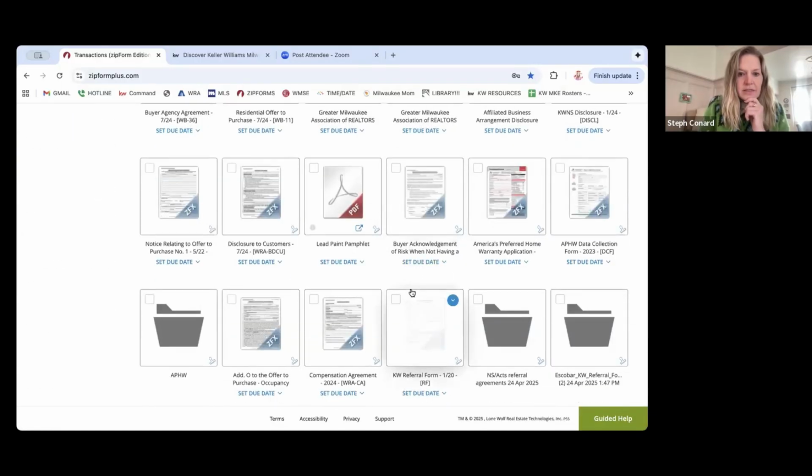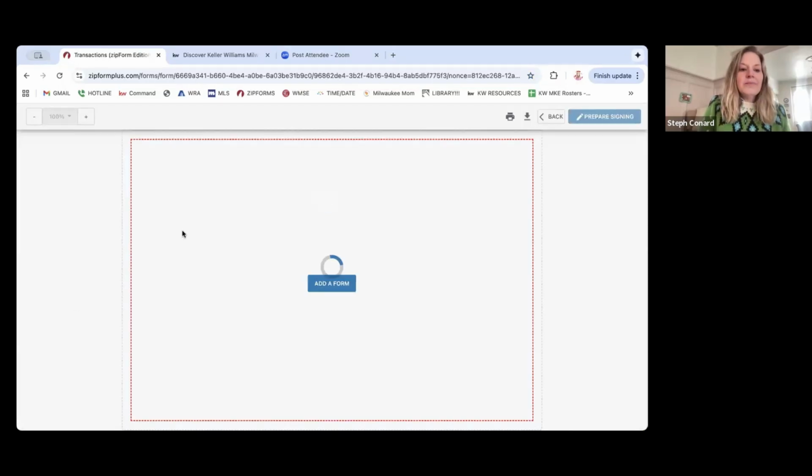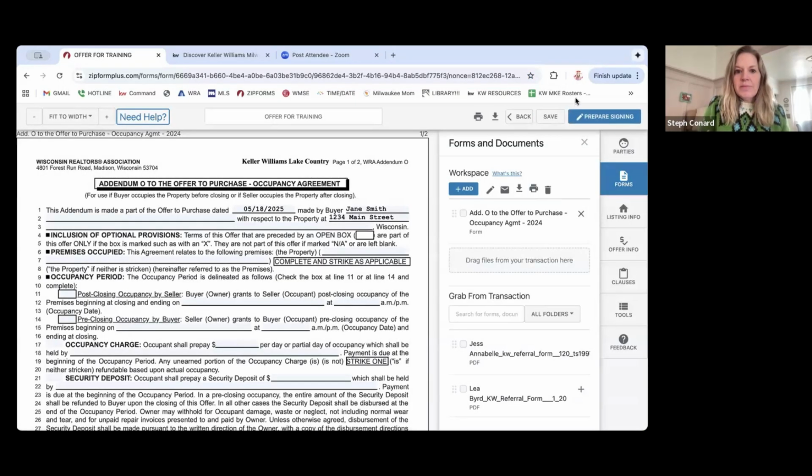The addendum O, again, is for addressing situations where there might be a post-close occupancy agreement or a pre-close occupancy agreement. In the case where a buyer might occupy the home prior to closing, I would say that is much, much, much less common than a post-close occupancy where a seller becomes the quote unquote tenant and rents back from the buyer after closing.